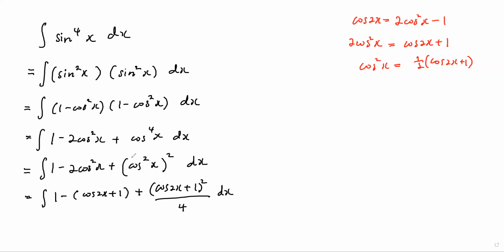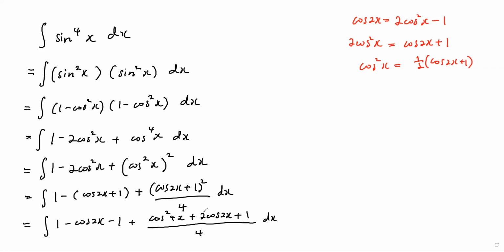It's not over yet. Let's expand this out. This is 1 minus cosine 2x minus 1 plus cosine square 4x plus 2 cosine 2x plus 1, over 4.